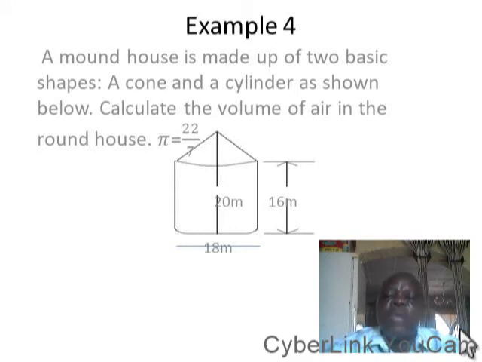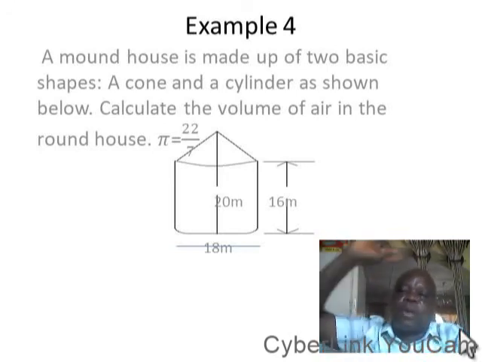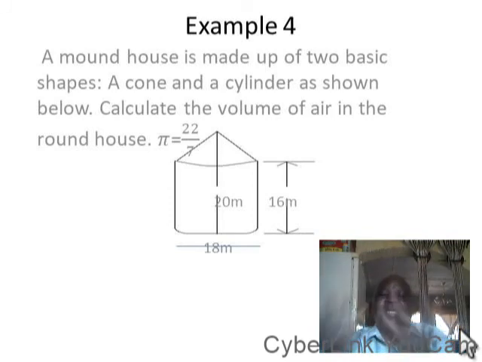Therefore, when you are looking for the volume of this composite shape, this is a mud house, a thatch house that is made of a conical palm frond as the roof and a cylindrical shape as the wall. You are asked to calculate the volume of air. The volume of air in this building is the volume of air in the conical shape plus the volume of air in the cylindrical shape.